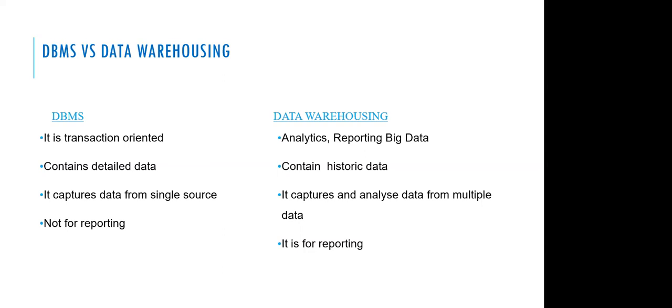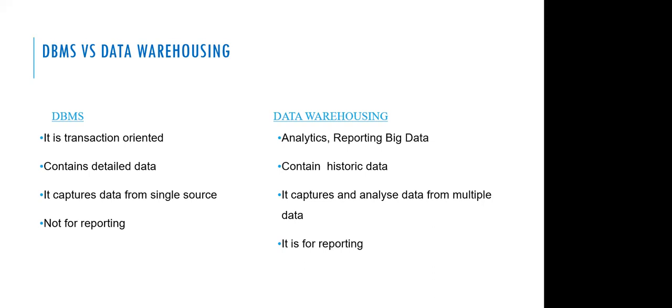Other persons, let's suppose you, work on a project whose source is an API. You extract the data from a different team, but finally you load the data to the same data warehouse. So in a data warehouse you store and capture data from multiple sources, but in DBMS we focus on capturing data from a single source.